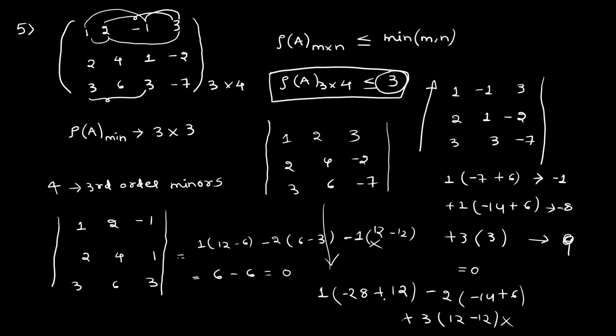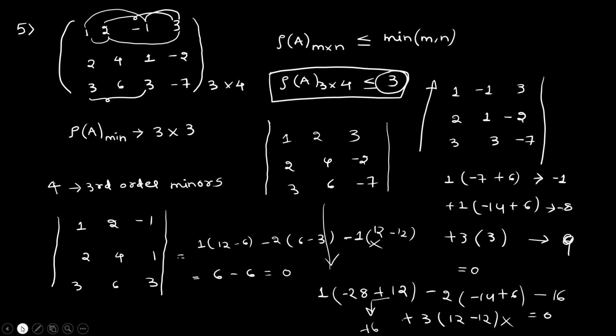This is equal to 0. Minus 14 plus 6, this is equal to 16, and this is equal to minus 16, and this is also equal to 0. And let's finally check the last minor, that is 2 minus 1 3, 4 1 minus 2, 6 3 7.